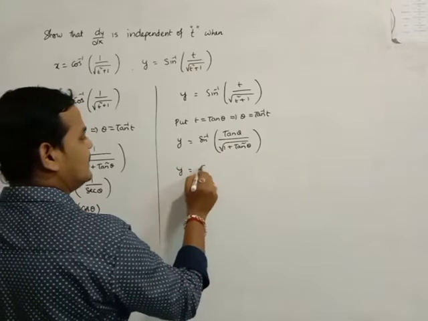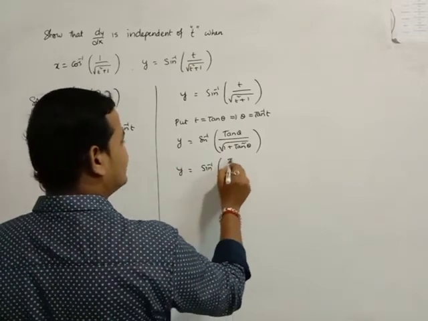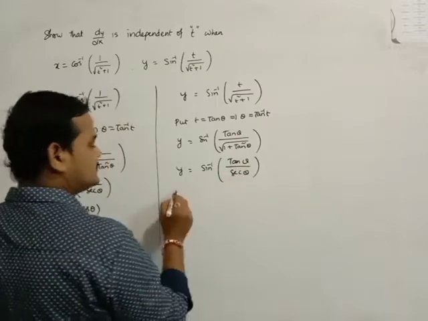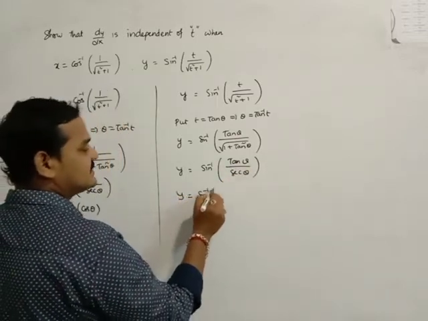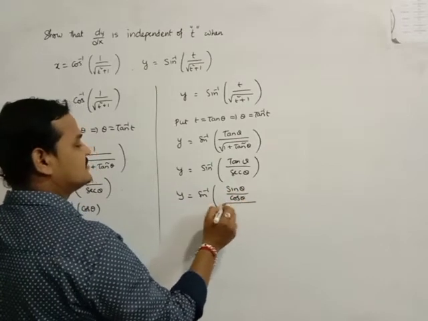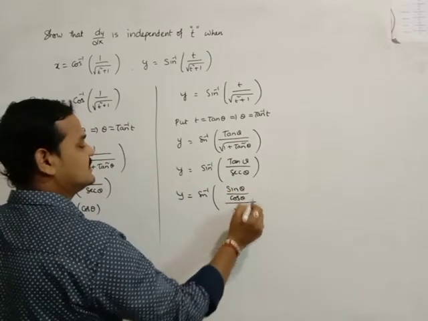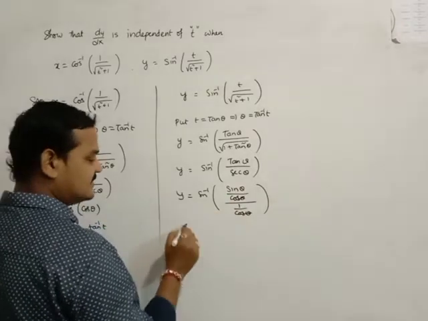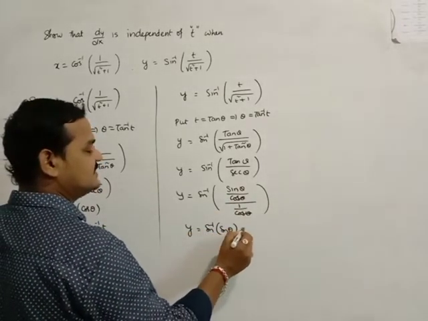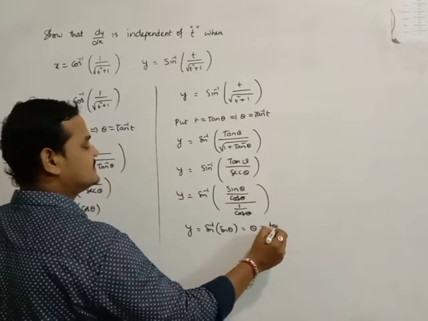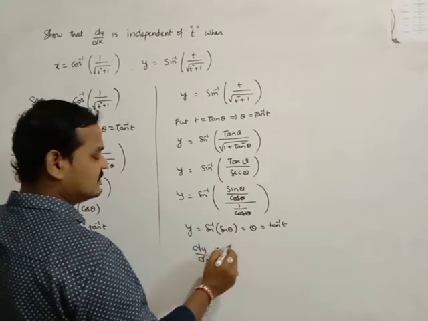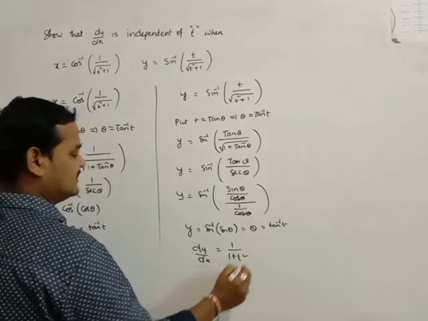So y is equal to sin inverse of tan theta by sec theta. Tan theta means sin theta by cos theta, and sec theta means 1 by cos theta. Cos cancels, so y is equal to sin inverse of sin theta, which is theta, that is tan inverse of t. So dy by dt is equal to 1 by 1 plus t square.